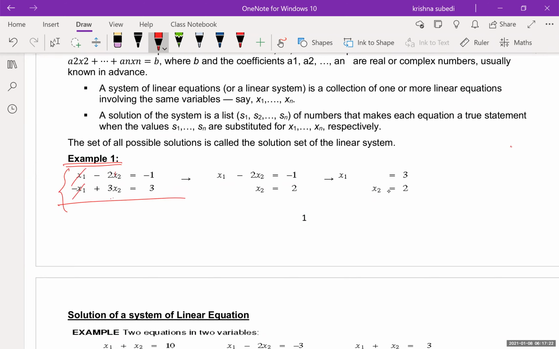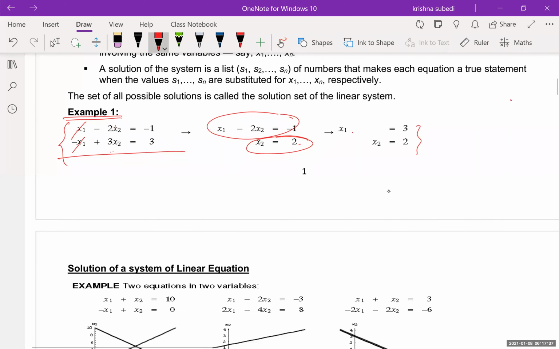When you simplify this, you're going to get x2 equals 2. Then substituting this value here, you're going to get 3 and 2. Not a big deal; you can solve it easily. That means your solution set is x1, x2 is basically 3 and 2, right? x1 is 3, x2 is 2.